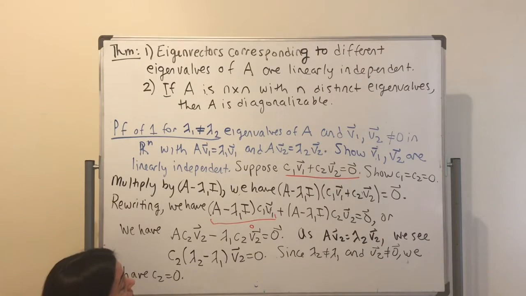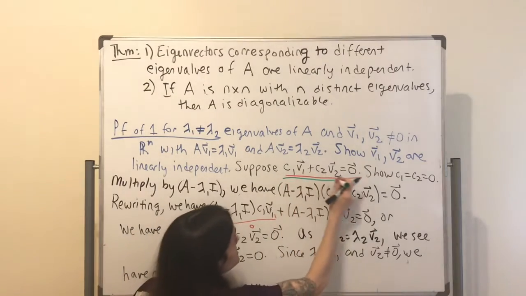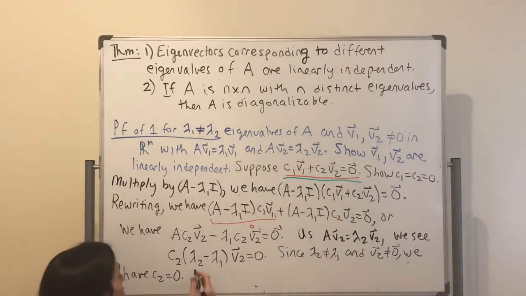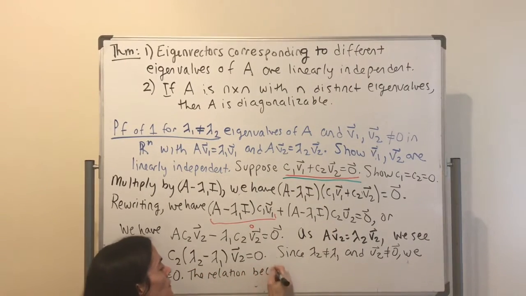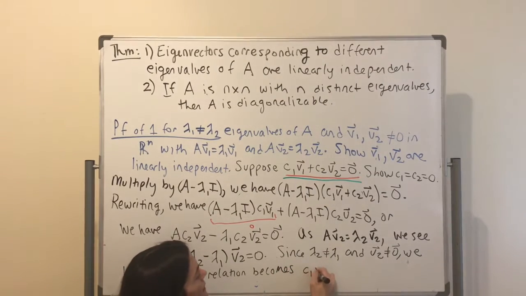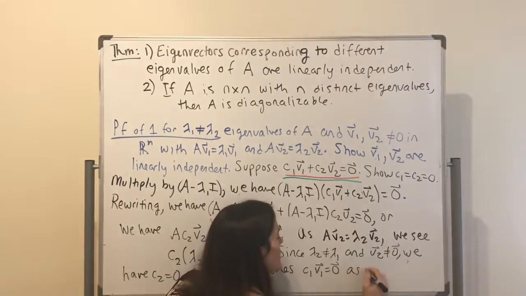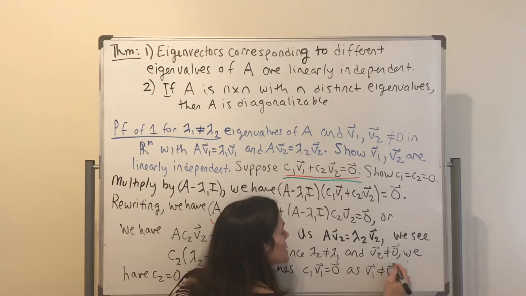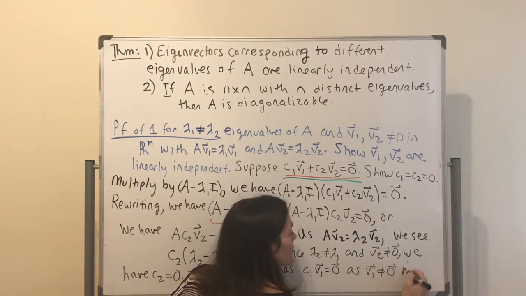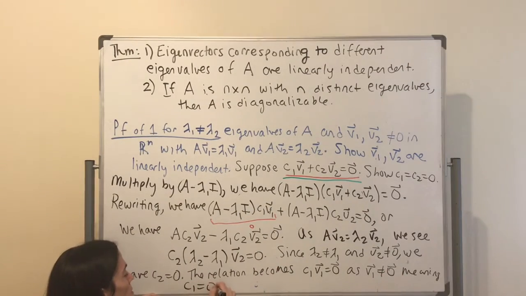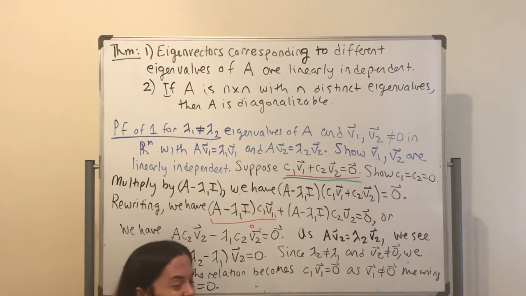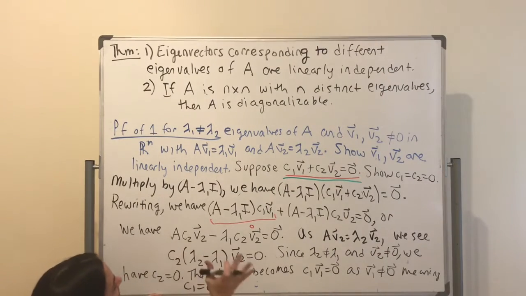Once we have C2 is 0, we are basically finished, because then the original relation becomes C1 V1 is 0, but V1 is non-zero because it is an eigenvector. And so we get that C1 must be 0, okay? At the very bottom here, I'm sorry about this, but we have finished the proof.